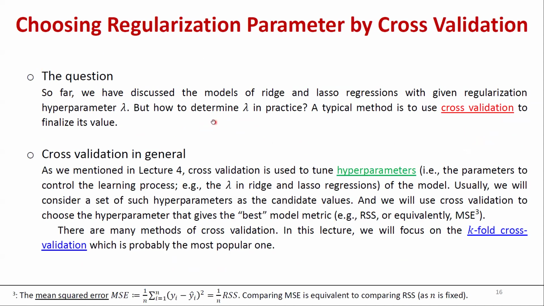In general, it is something called how to choose a hyperparameter. For example, this lambda in ridge and lasso regression is a hyperparameter, which means it is going to be tuned when you tune the model, instead of being directly fit in the model. So we usually have several methods. One of the most popular methods is called cross-validation. Again, there are some cross-validation methods here. We're going to focus on the k-fold cross-validation.